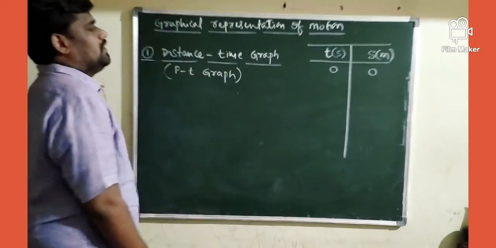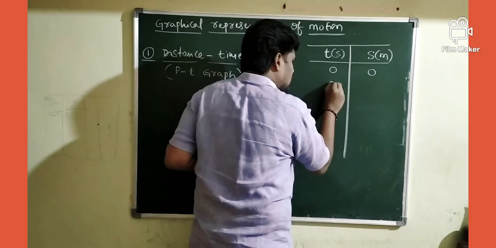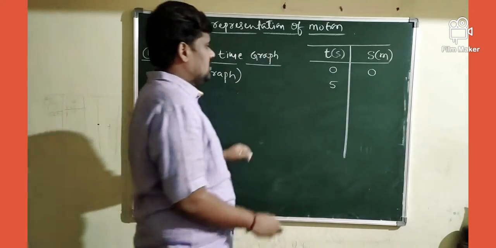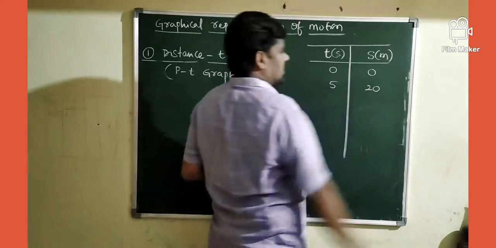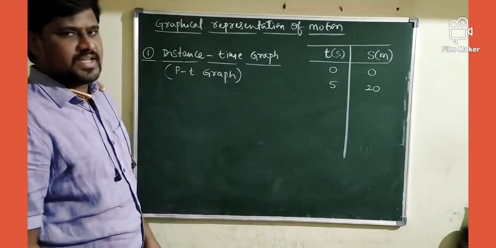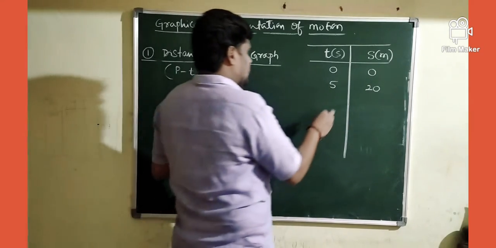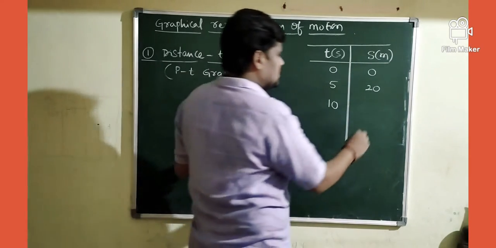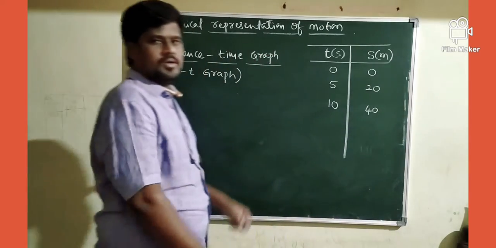Got my point? Next, when the time is 5 seconds, the distance travelled by the body may be 20 meters. If the time is 10 seconds, the distance travelled is 40 meters.